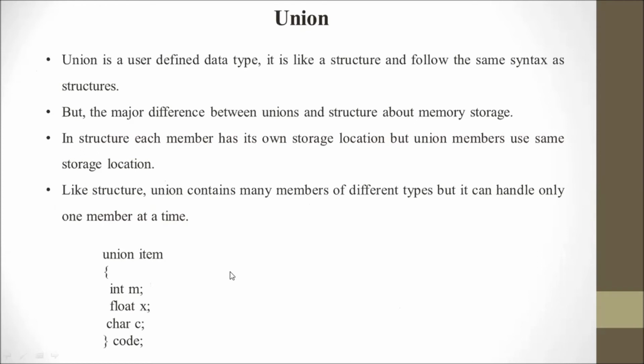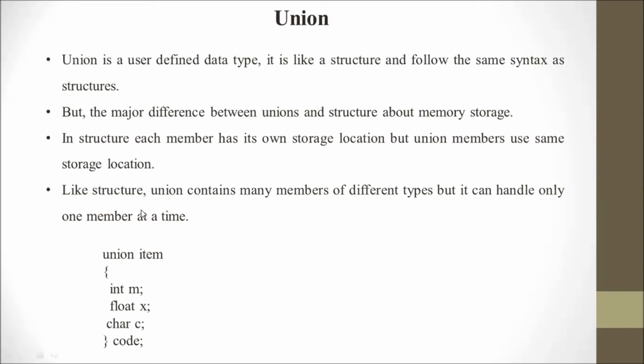Union. Union is a user defined data type. It is like a structure and follows the same syntax as a structure. But the major difference between unions and structures is about memory storage. In a structure, each member has its own storage location, but union members use the same storage location.